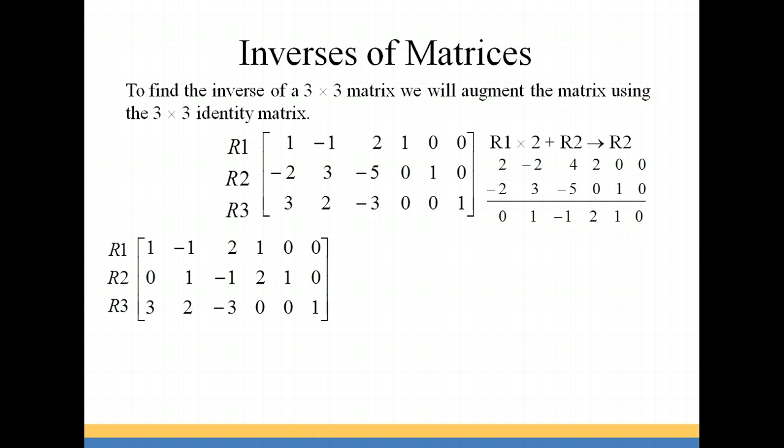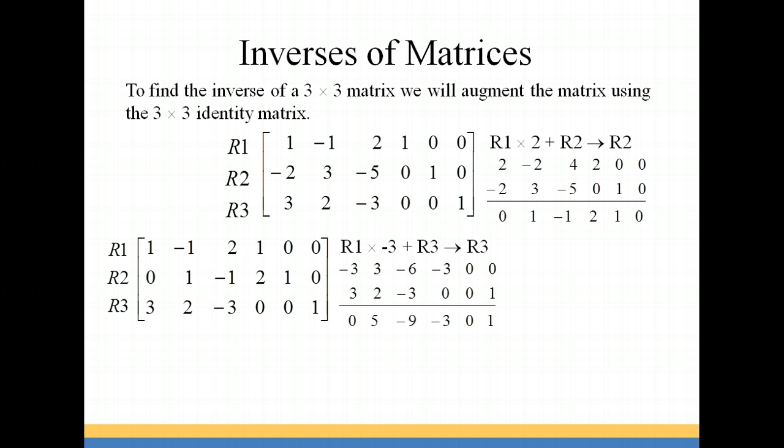We also need a 0 in the first position of row 3. So now that I've rewritten my matrix, I can do row operations on the new rows. So I'm going to take row 1 and multiply it by negative 3 and add it to row 3. Then when I'm done, I'm going to put the result back into row 3.